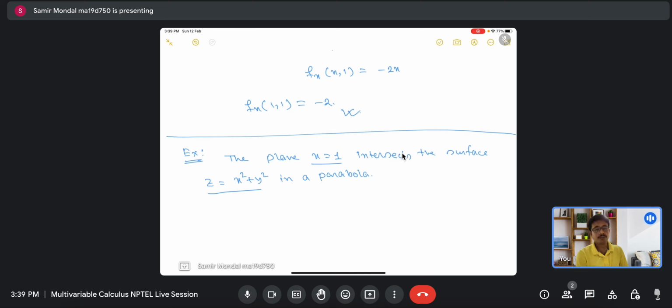This one, x equal to 1, is one plane, and this one is another surface. After intersecting both, we will get one parabola.